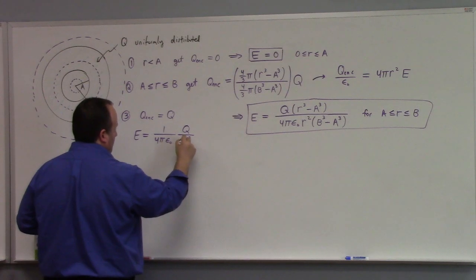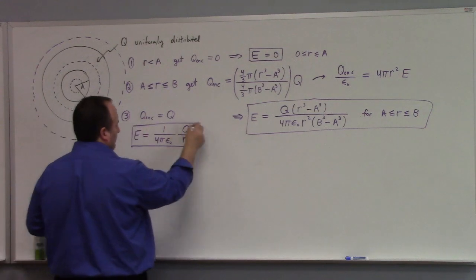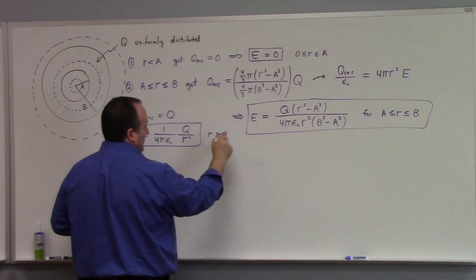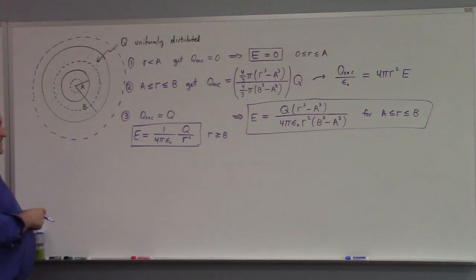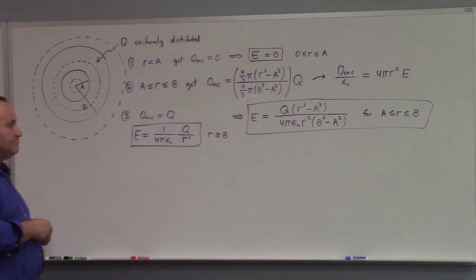We get the Coulomb field when we're outside, where the charge is distributed, and that's for r greater than or equal to b. That formula drops back to the second formula at r equals b. You get the cancellation of the b cubed minus a cubed, and it leads you back to Q over 4 pi epsilon naught b squared there.